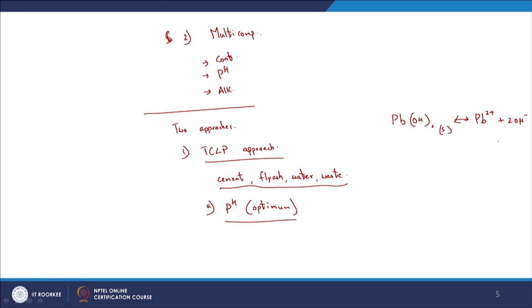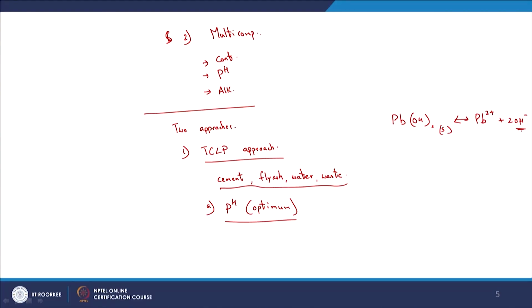So, let us say in the TCLP test we are adding the acid. What does that mean? We are decreasing OH-. As this decreases, the system moves towards the right, as in your Pb(OH)2 solid is going to dissolve now, and you are going to have higher concentrations of Pb2+ in your leachate.